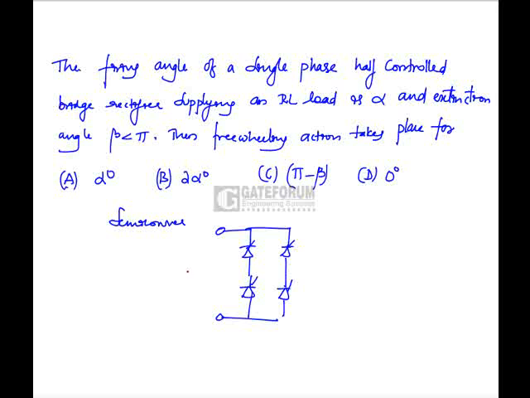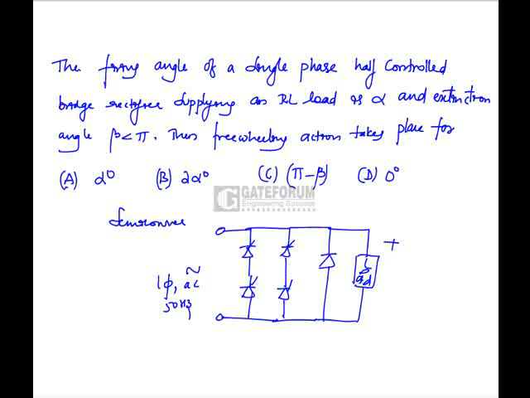This is the AC supply voltage we are giving at the input side. This is single phase AC 50 Hertz supply. We have a freewheeling diode on the load side. This is the load. Output voltage is V0. Now when will this freewheeling diode be in operation?